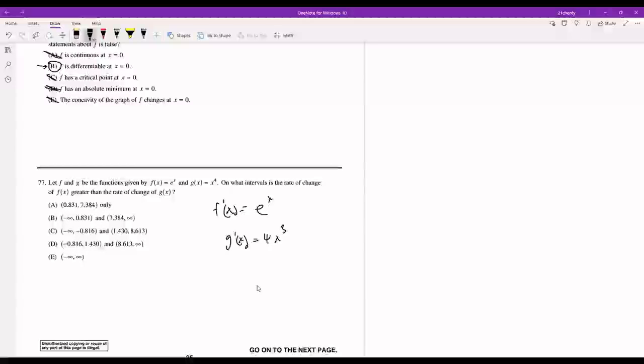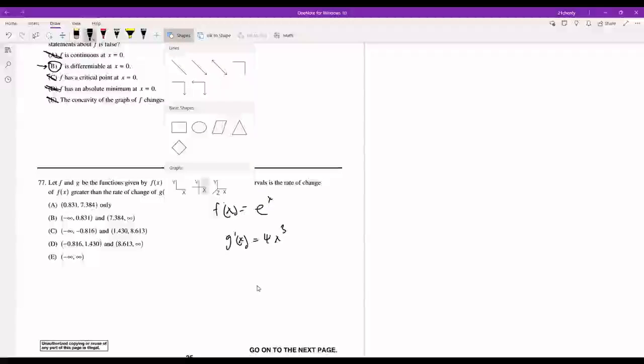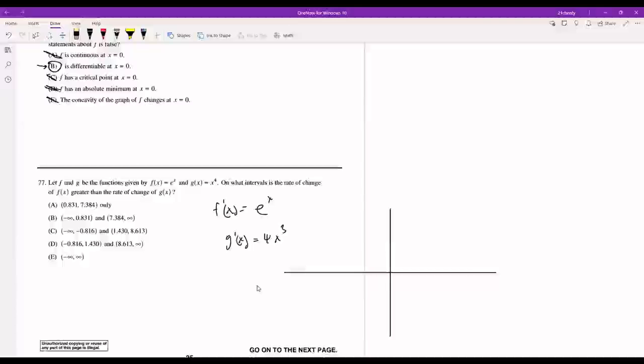So we have e to the x. I'll draw a graph over to the side here. And so e to the x is going to look like, actually I'll use a different color.